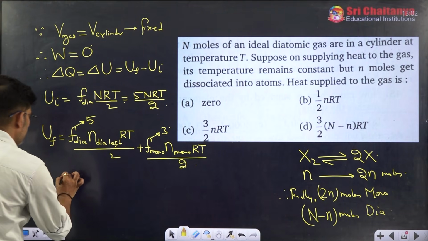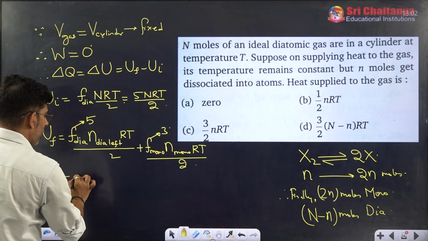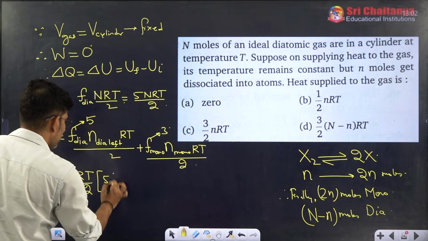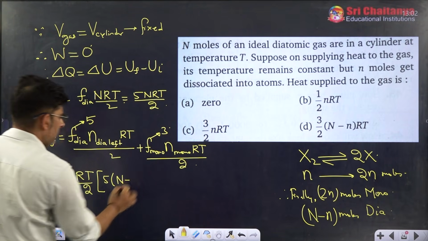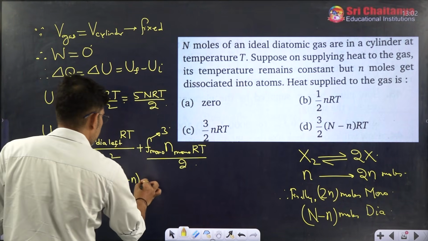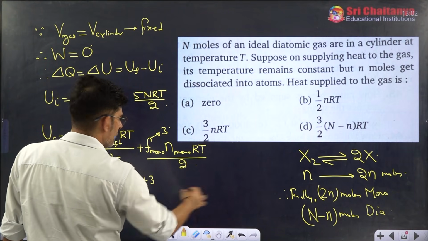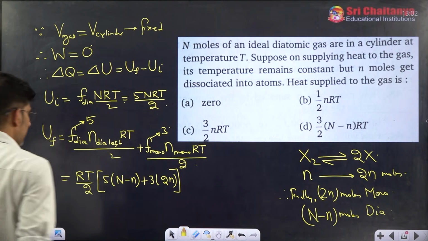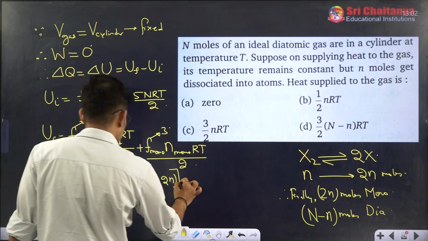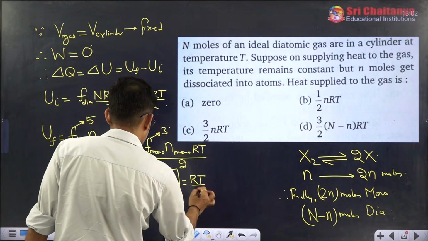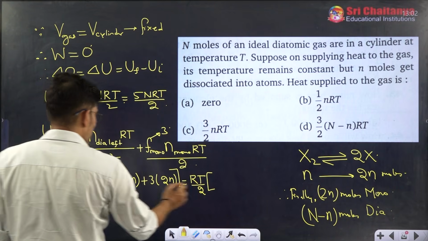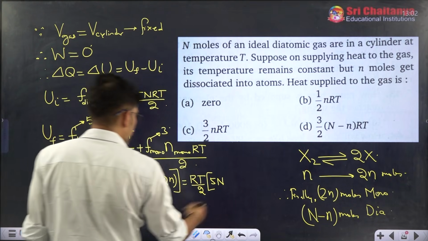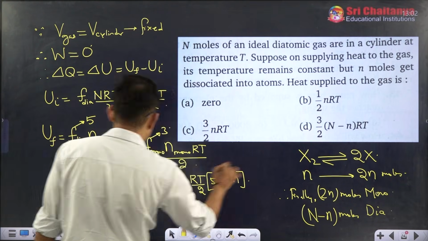So you can substitute over here. You can take the common term RT by 2 as it is common: 5 times N minus small n, plus 3 times moles of monoatomic, which is 2n. So how much will be left? Let's see. RT by 2, 5N minus 5 small n plus 6n. So that will be plus n.